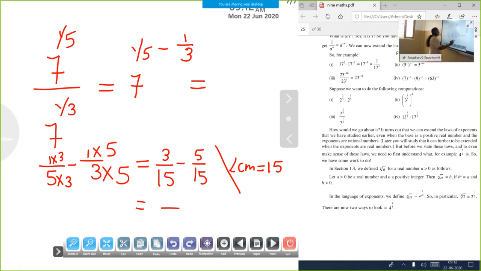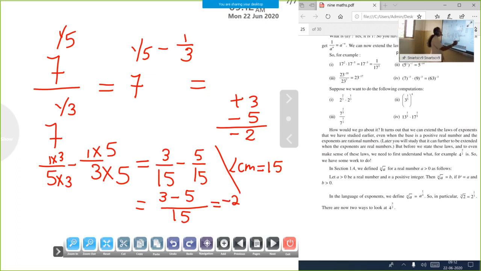Same denominator, write only one denominator and subtract the numerators, 3 minus 5. So our answer is plus 3 minus 5. What is plus 3 minus 5? It is minus 2. Two different signs, subtract the numbers, put the sign.